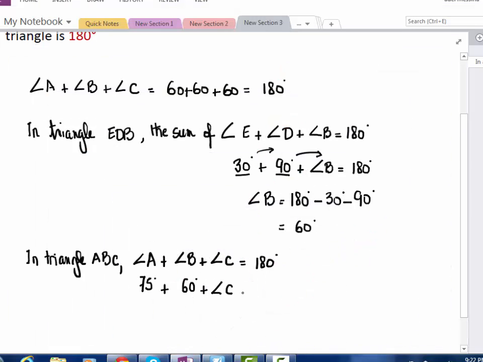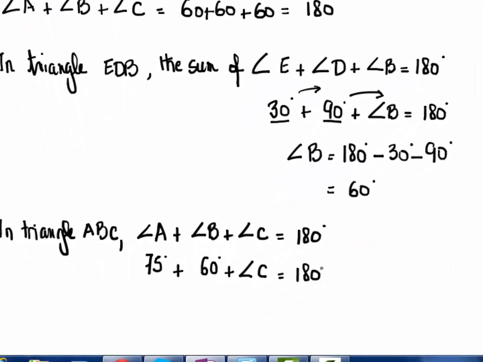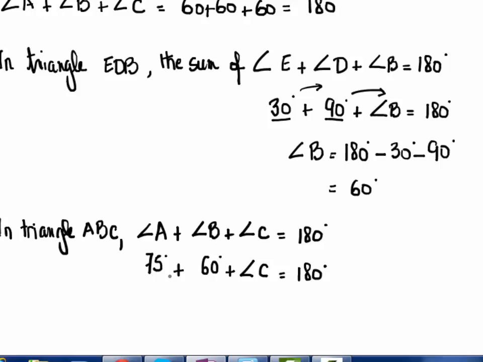So I'm going to write angle C equals 180 degrees. Again, to isolate angle C, I need to switch the 60 and the 75 to the other side. So angle C equals 180 minus 60 minus 75. Now if I add the 75 to the 60, I have 135.